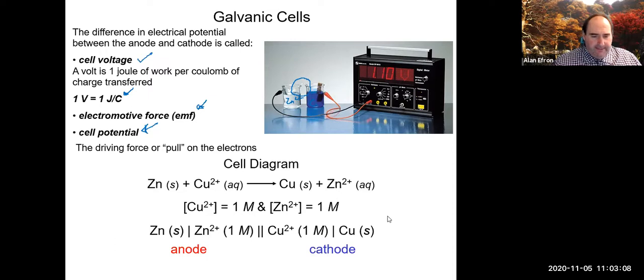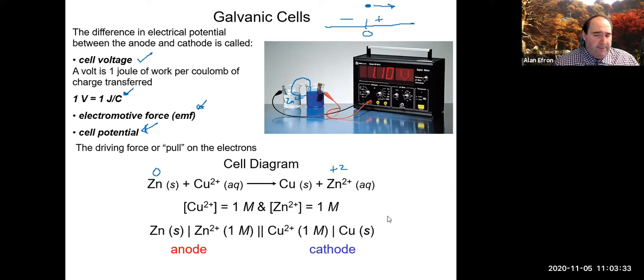So basically, we start out with our anode side, and our anode side is our zinc. In this case, again, our zinc going from 0 to +2. So in terms of what's happening with our zinc, starting at 0, ending at +2, going to the right-hand side, so it's being oxidized.